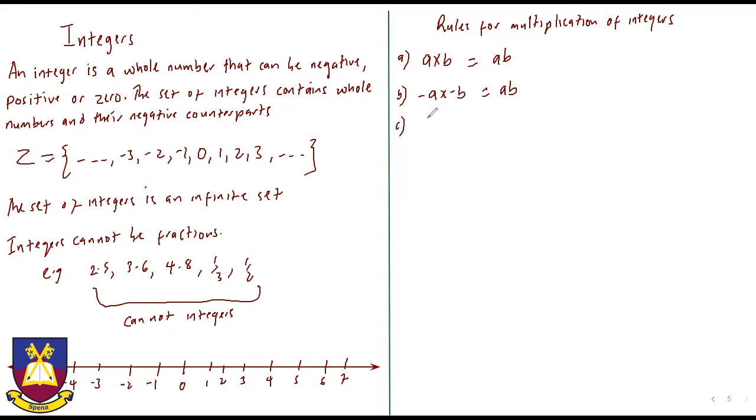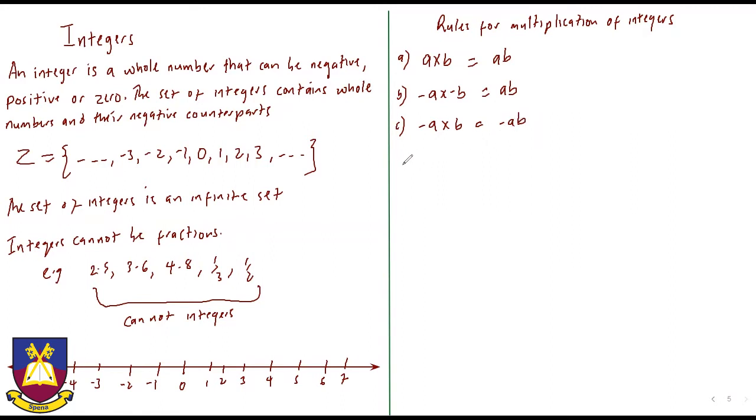Then if I had a negative times a positive, I'd get negative ab. This means that when I multiply a negative by a positive, the result is a negative.